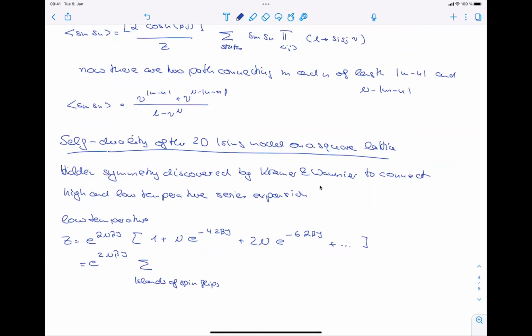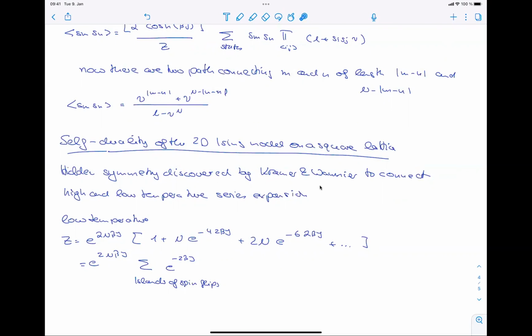And then I have this energetic cost for each bond, and this prefactor here, the 4 and the 6, is actually the parameter of my island of spin flips.